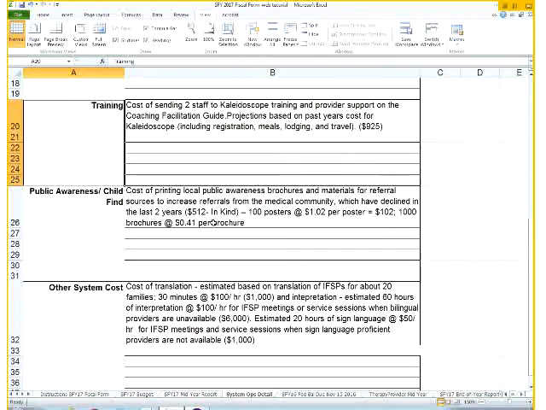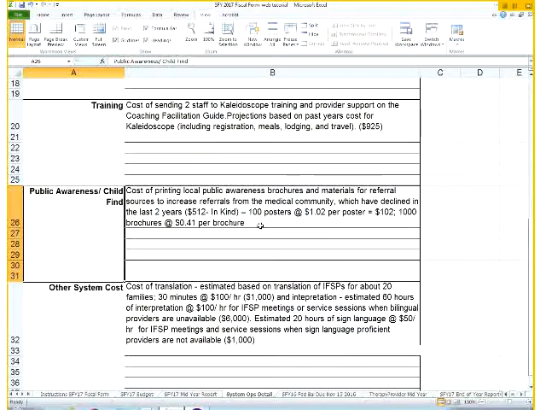And again, public awareness and child find are the costs associated with identifying all potentially eligible children within your locality. And here we see the costs that are broken down to the cost of printing public awareness brochures and materials, how much it is per poster or brochure, and what is the total cost.